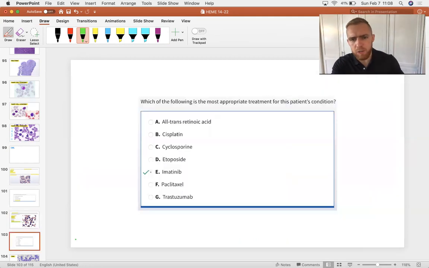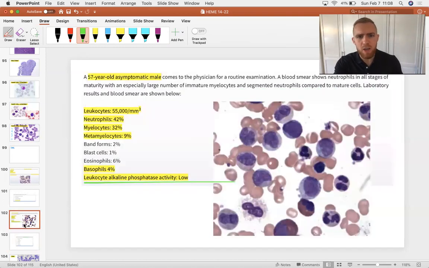So in this particular question, they ask, what's the appropriate treatment for this patient's condition? We go back and look, and myelocytes, neutrophils, this patient doesn't have lymphoid anything, lymphoblastic nothing. It's clearly a myeloid problem. So then, is it acute or chronic? And to answer that, you can look at the blast percentage in the peripheral blood or in the bone marrow, either or.